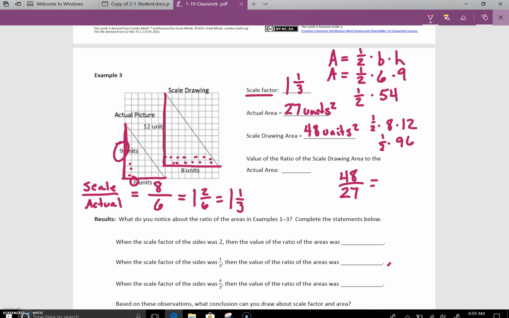Now we can simplify. Both are divisible by 3. 48 divided by 3 is 16. 27 divided by 3 is 9. It's an improper fraction. 9 goes into 16 once, and 7/9 left over. So this means that the scale drawing is 1 7/9 the area of the actual picture.